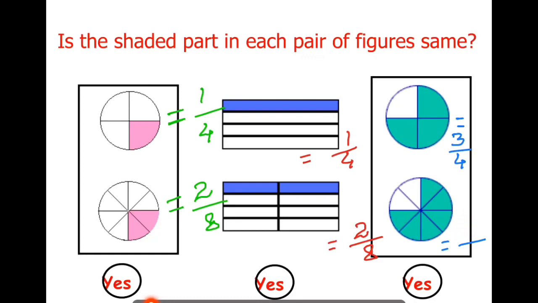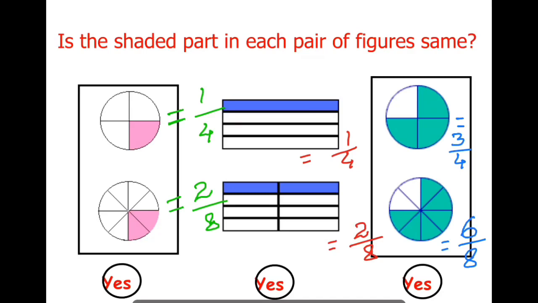So the numerator would be 6. And what about the denominator? 6 plus 2, 8. The total number of parts is written in the denominator. So here the denominator is 8 and the numerator is 6. I hope this is clear to all of you.